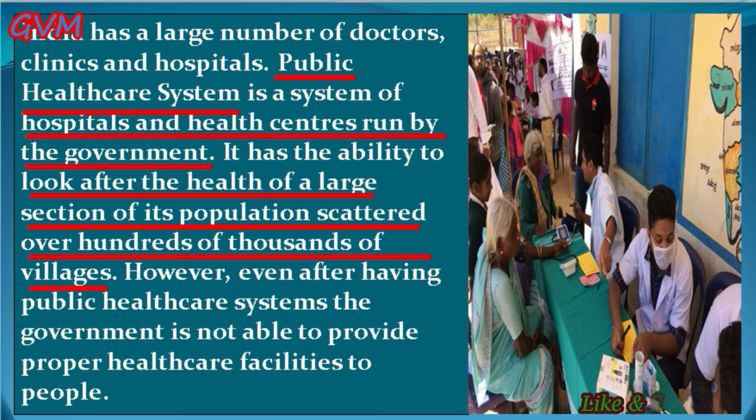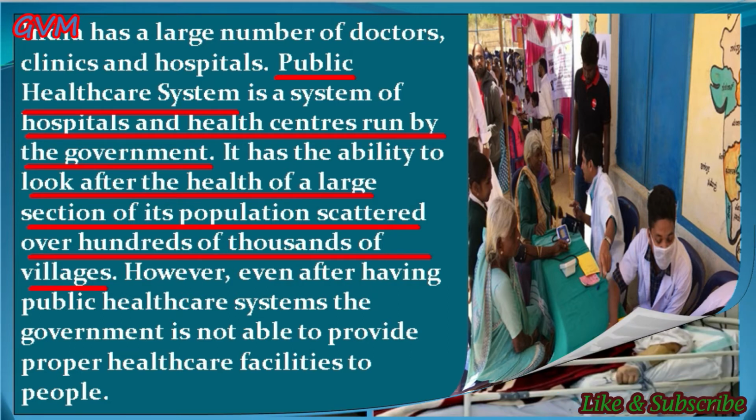But students, as I said, most of the doctors and nurses take up their jobs in the cities, and so the people in the villages either don't get good health care or have to travel long distances to get medical treatments. That's why even after having public healthcare systems, the government of India is not able to provide proper healthcare facilities to people.